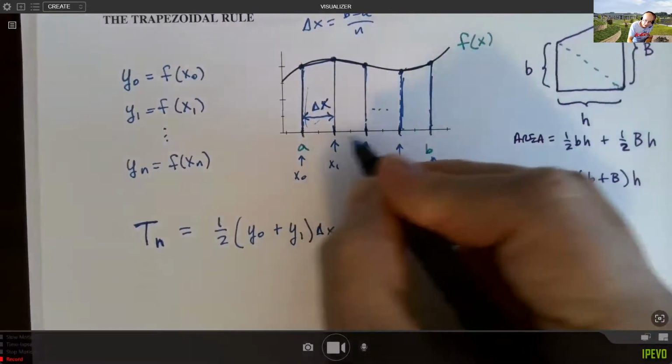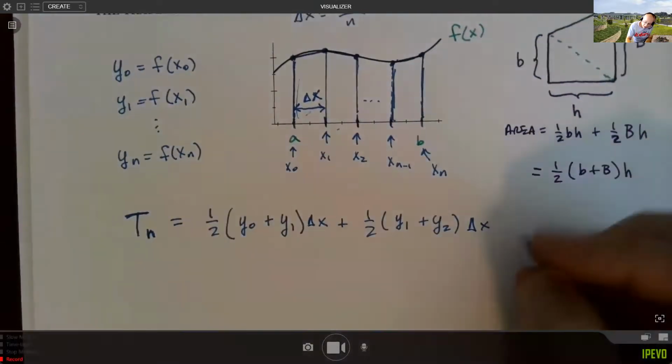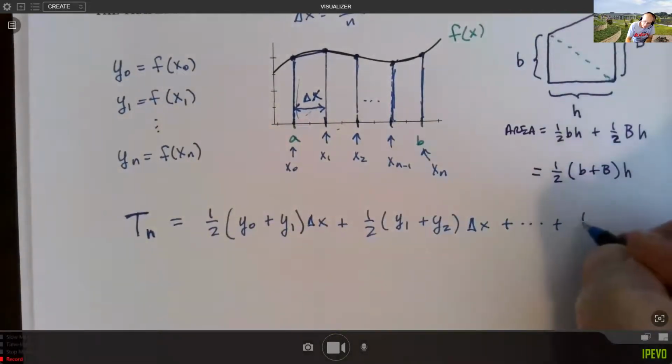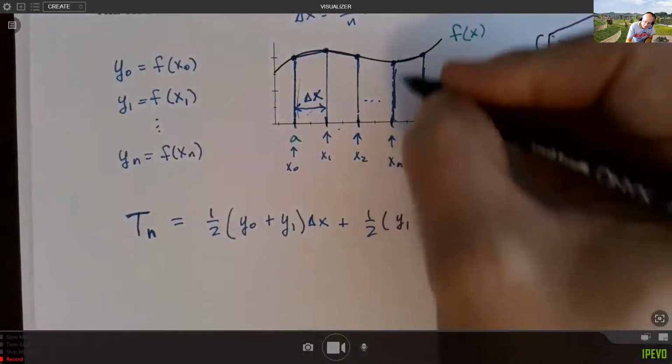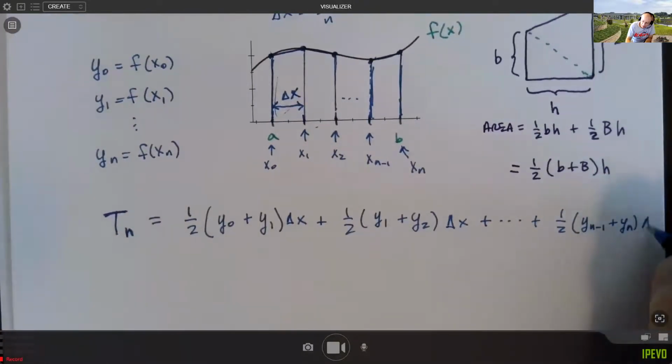Again, the width, the h value, is the same. We just continue going through all of them until we get to the last one, which will be 1/2 times y sub n minus 1, which is this height, plus y sub n, times delta x.